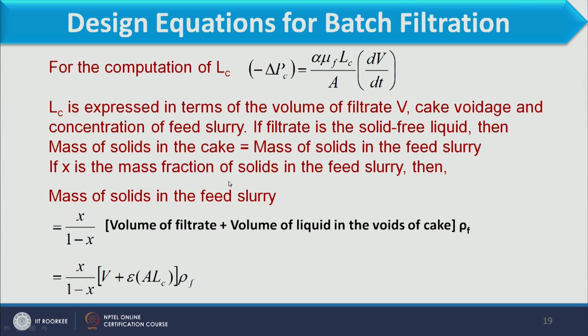If X is the mass fraction of solid in the feed slurry, then the mass of the solid in the feed slurry can be defined as X by 1 minus X, times the volume of filtrate plus the volume of liquid in the voidage of the cake, into rho F. Now how is this expression obtained? When you see the definition of X, what is X? It is the mass fraction of solid in the slurry.